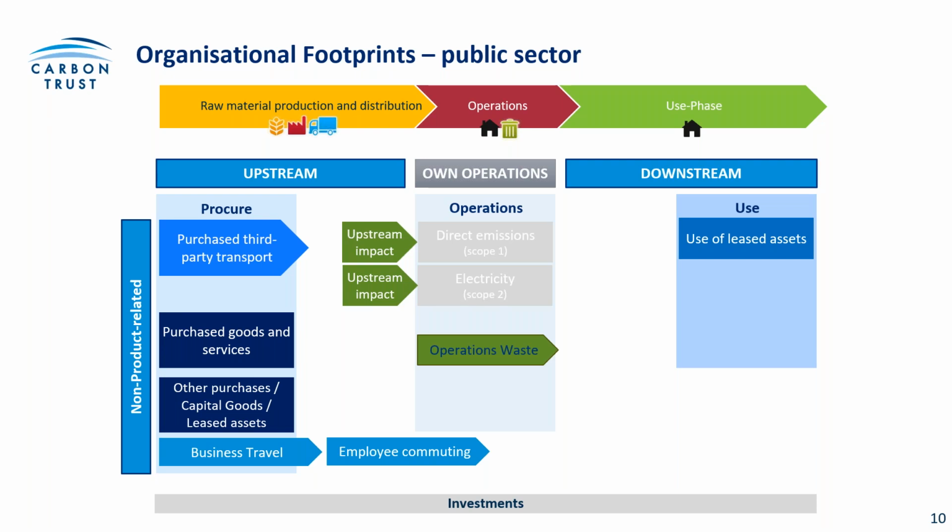In the main, it's pretty much all in the supply chain, the upstream side of things. So the only primary downstream impact that is potentially significant, say for a local authority, is the use of leased assets, and investments comes into that as well. And in that example, it would be buildings that are owned by a local authority, for example, and then leased out to other businesses or tenants.